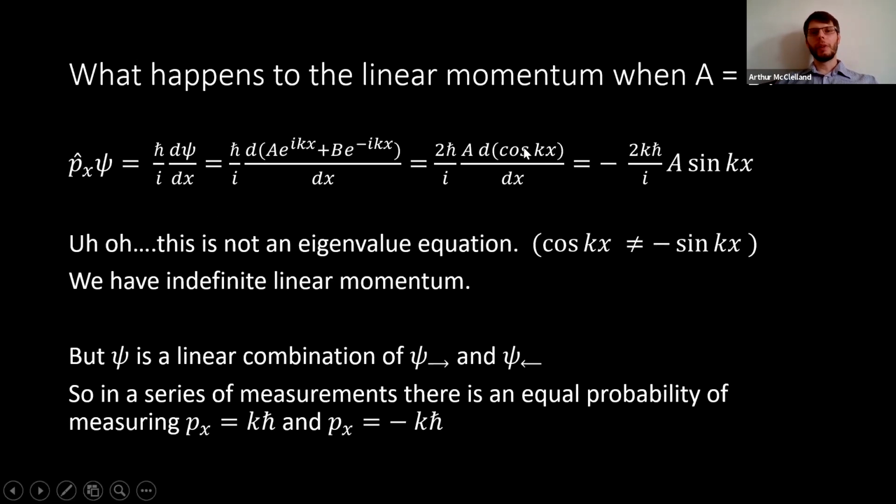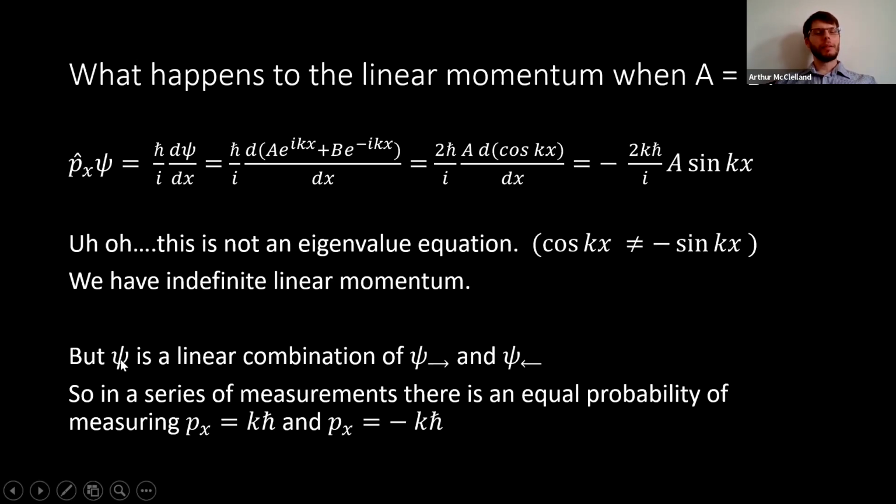These are equivalent. We do the derivative of a cosine, but we end up with sine kx. We ended up with a different function at the end. So this is not an eigenvalue equation, because cosine kx is not equal to minus sine kx. This means we have an indefinite linear momentum, which is really hard to think about. What does that mean?